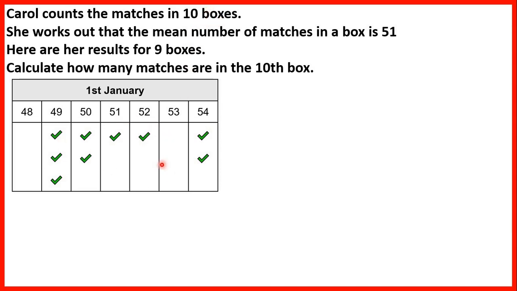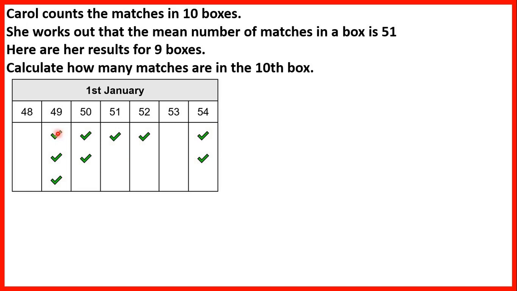So the total number of matches divided by 10 is 51. And that means there must be 510 matches altogether, because 510 divided by 10 is 51. We can work that out because 51 times 10 is 510.